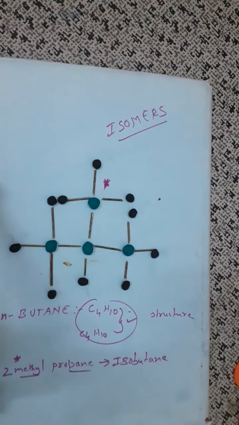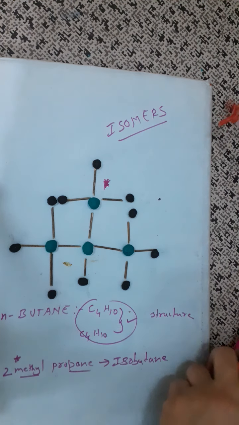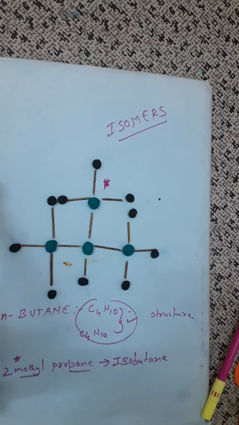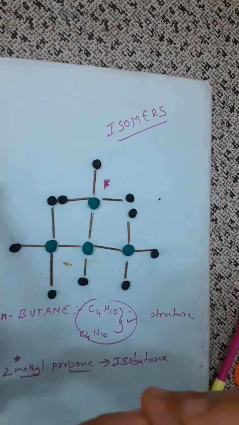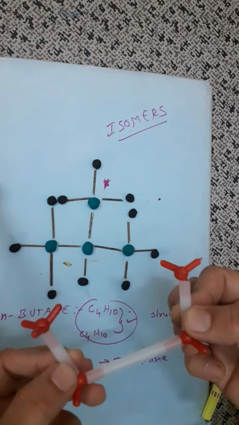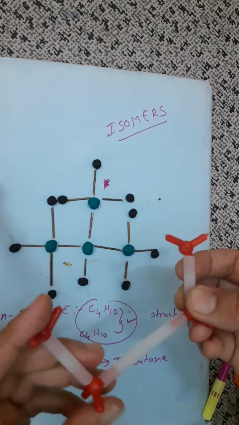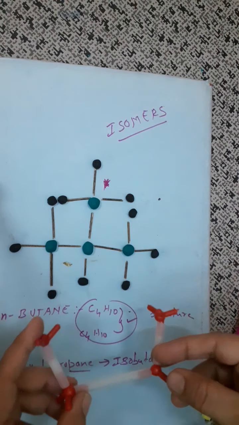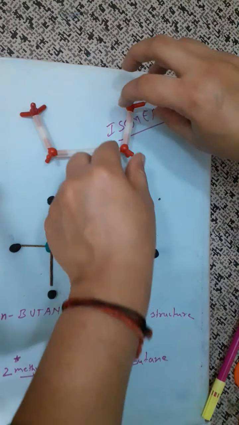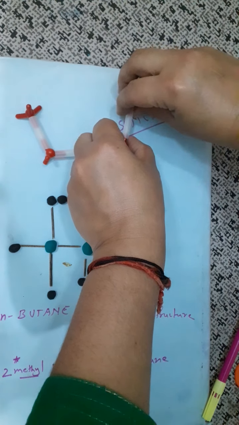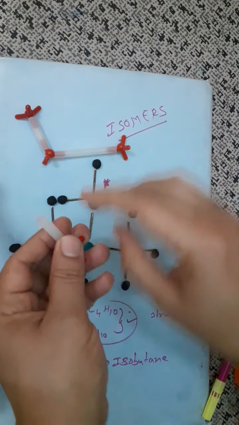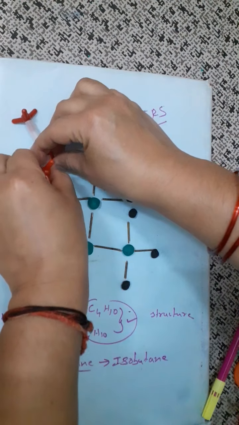Now let me show the same using another model. Observe this, children. This is a but compound. How can you know? 1, 2, 3, 4. It's a straight chain. Now I removed the one carbon attached to the terminal end and linked it to the middle carbon.